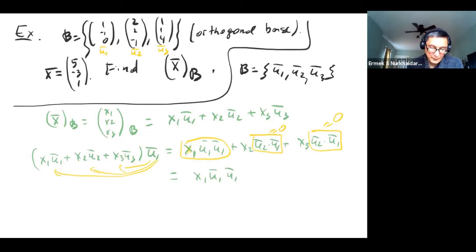And if you look at what we started with, we took our vector x and multiplied it by u1. So vector x times u1 equals its first coordinate in base B times u1 times u1. From here, we can solve for x1. x1 is going to be vector x times u1 divided by u1 times u1.